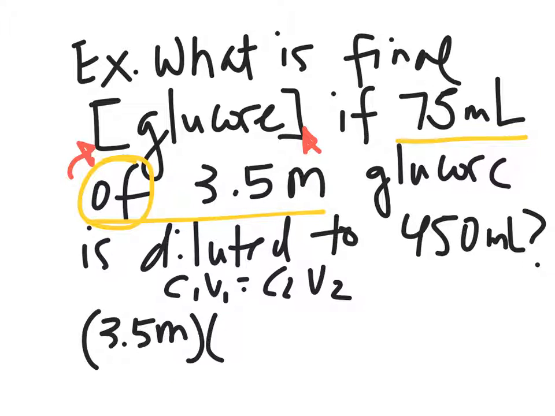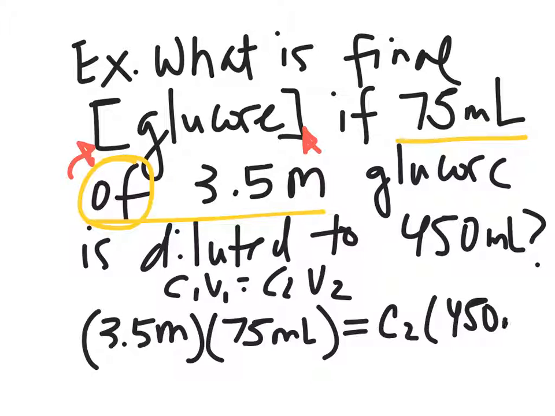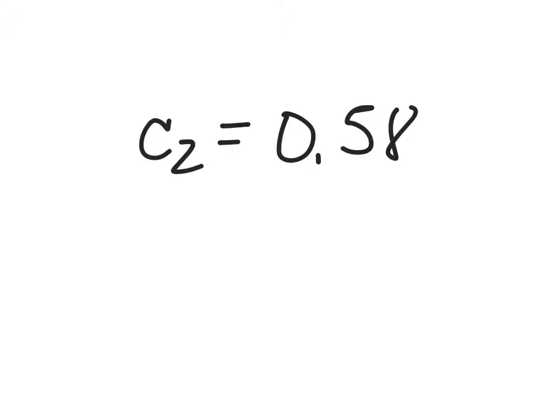And our initial volume, it says that we're diluting all 75 mLs of it. We're looking for the final concentration of glucose, so we don't know C2, but we know that the final volume of that glucose solution is 450 mLs. So if I rearrange this equation and solve for C2, you come to the value of our new diluted concentration: 0.58 molar.